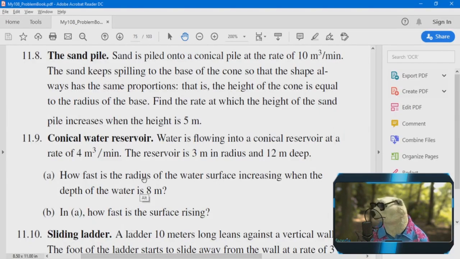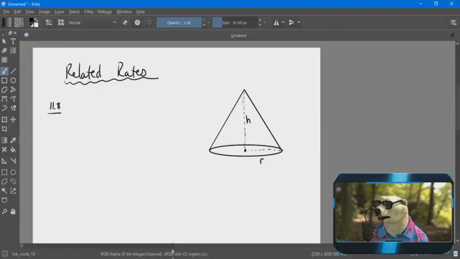They care about the volume. The sand is piled onto the cone at a rate of 10 cubic meters per minute, which means the volume of the cone is increasing at some rate. So the volume plays a factor as well. So I also want the volume.